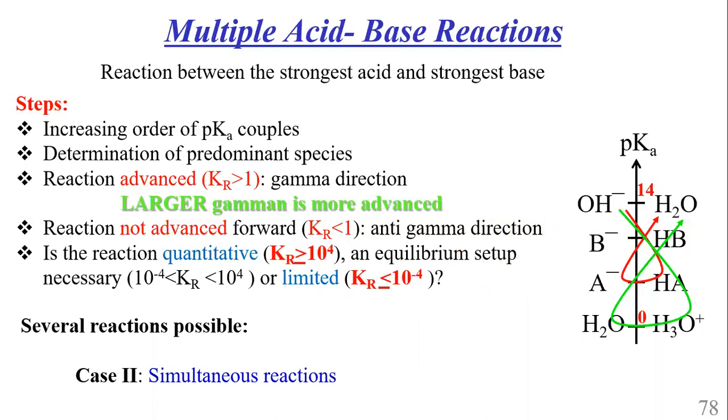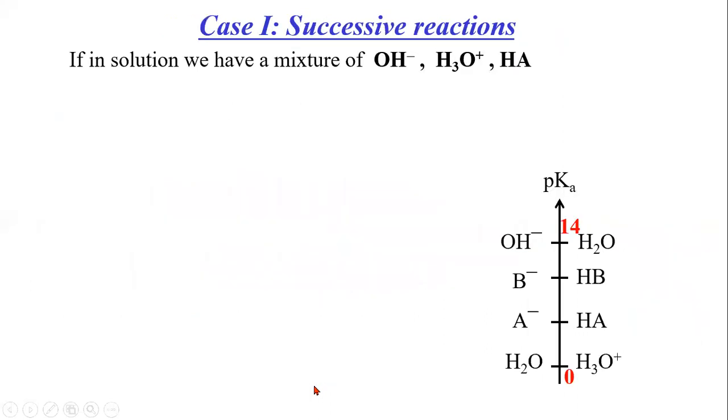There are several reactions which are always possible, what we call successive or simultaneous reactions. And what is a successive reaction? We're going to discuss successive reactions in an example where I have in my mixture some OH minus, H3O plus, and HA.